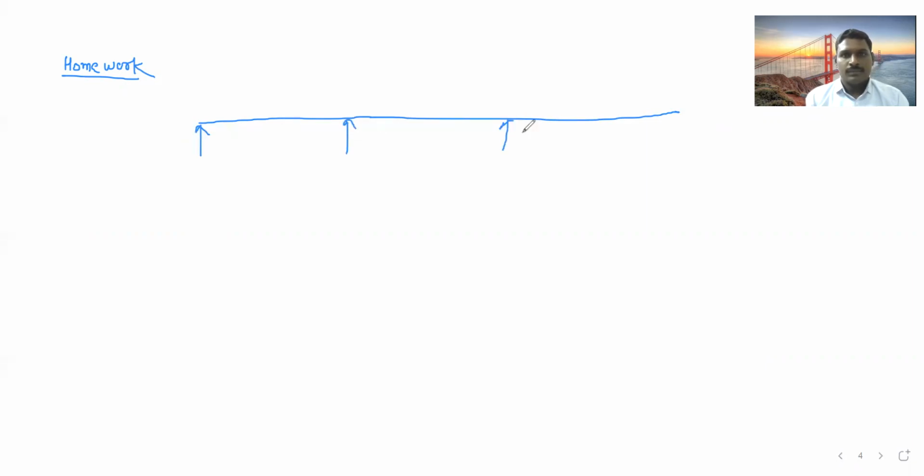So this is a 3-span continuous beam, and on all the spans, the UDL is there. This span is 3.5 meter, this span will be 5 meter, and this span will be 4 meter.